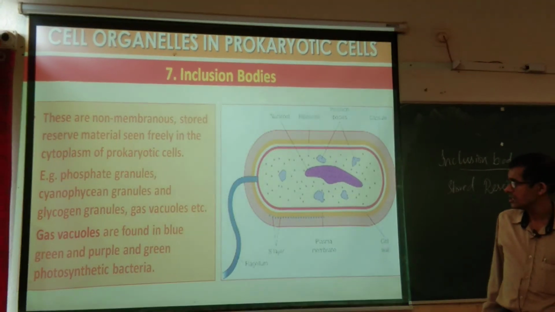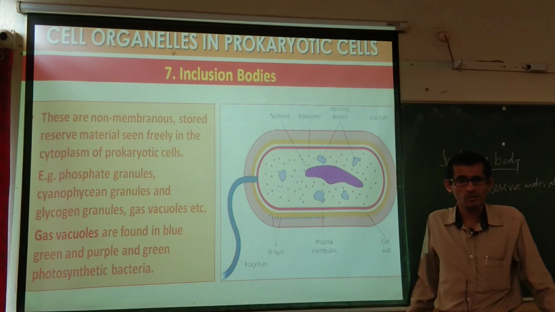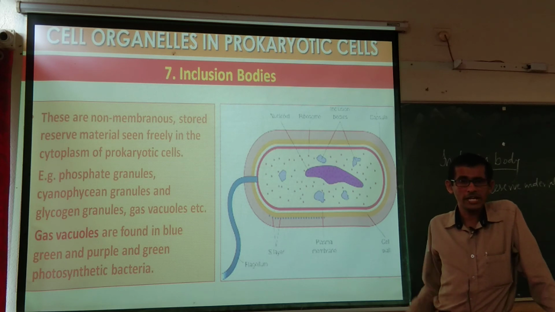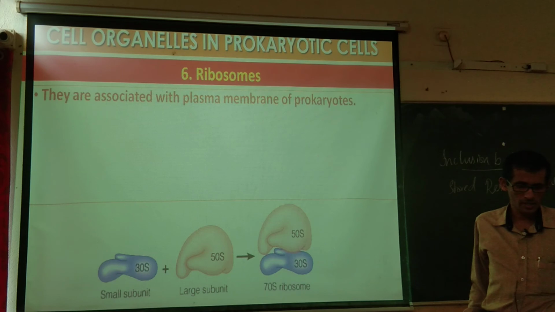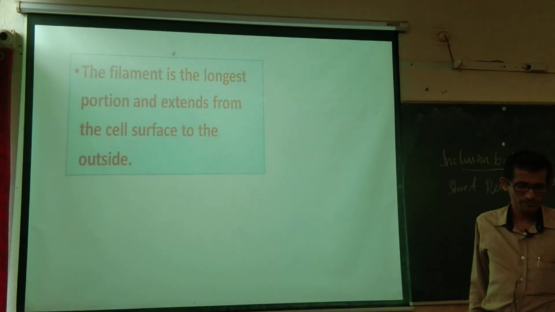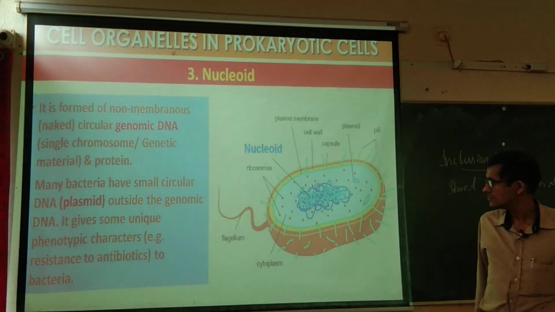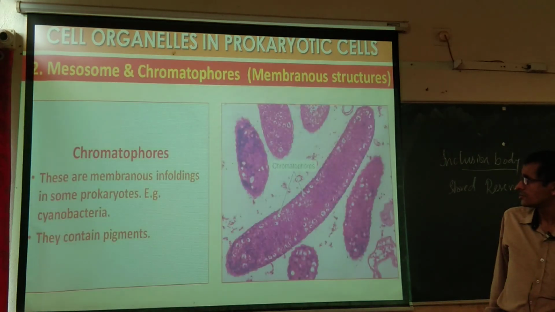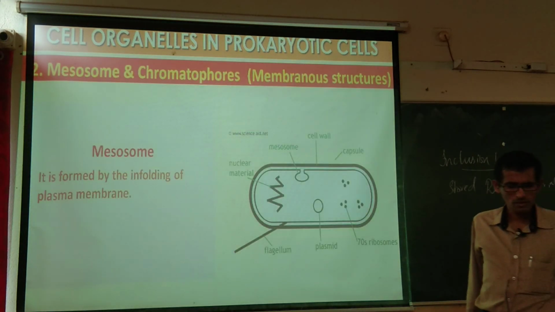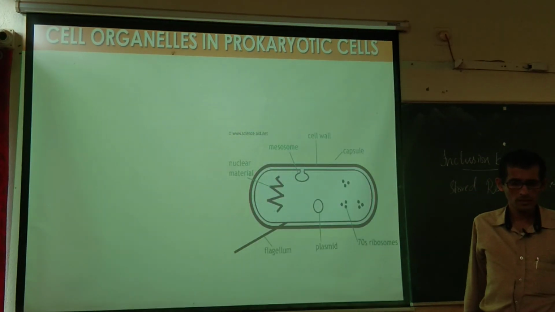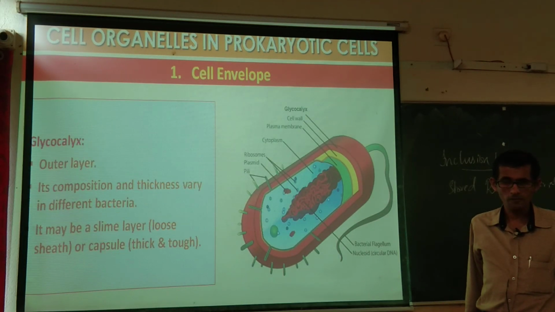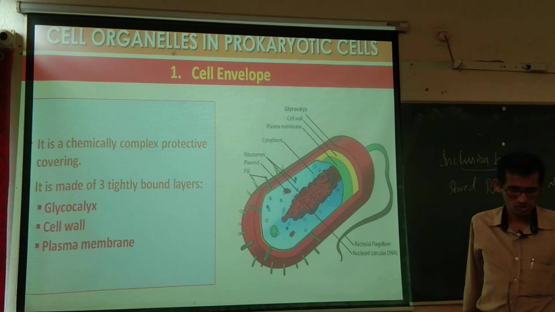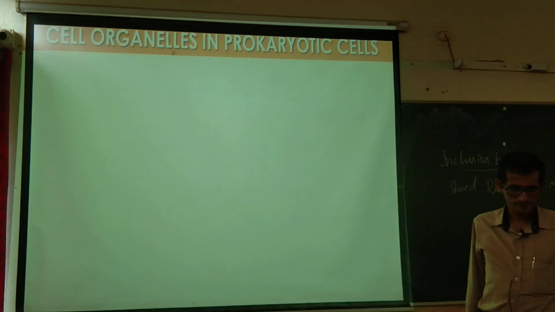Okay, my dear friends. So these are the major parts observed in the case of the prokaryotic cell. Inclusion bodies are freely swimming parts of the cell which are helpful with respect to the storage part of the cell.